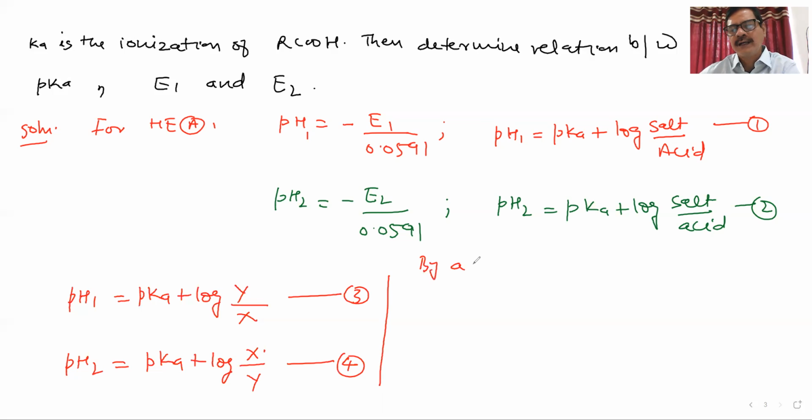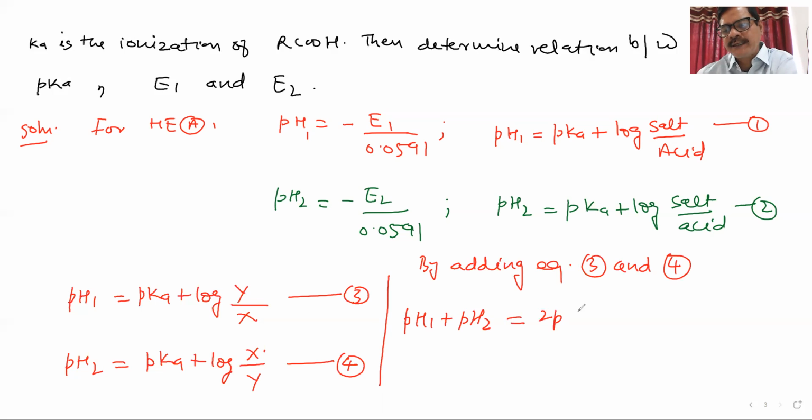Now we can see by adding equation 3 and 4, we will get pH1 plus pH2 is equals to 2 pK, and these two terms will be cancelled out. This log Y by X plus log X upon Y, they will be cancelled out.